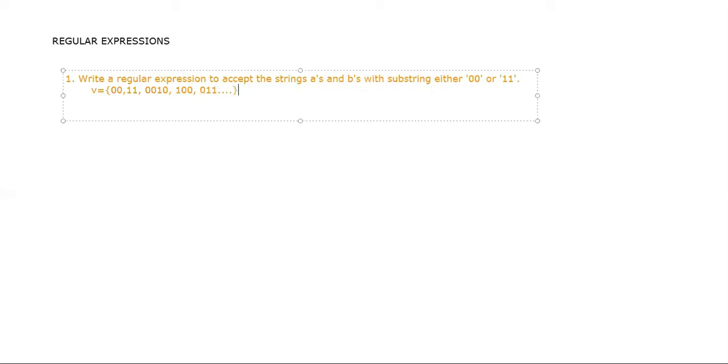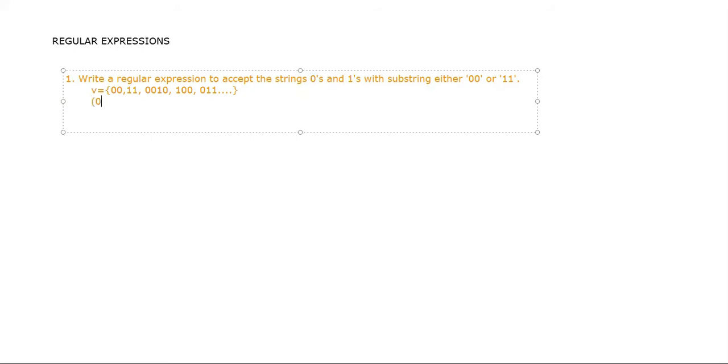If we say substring, the pattern may occur either in the beginning, at the end, or in between. We already solved one such problem in the previous session, if you can check the video. It was a mistake there, it is zeros and ones.